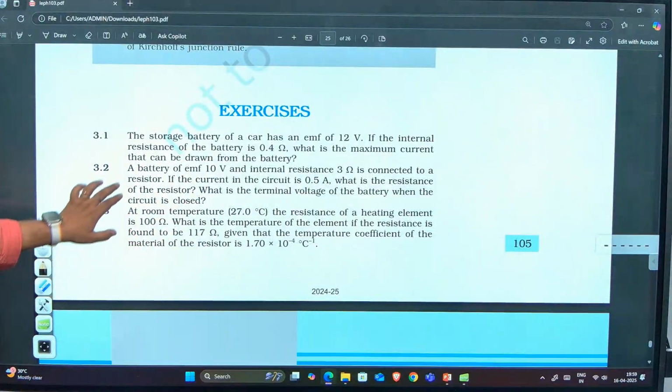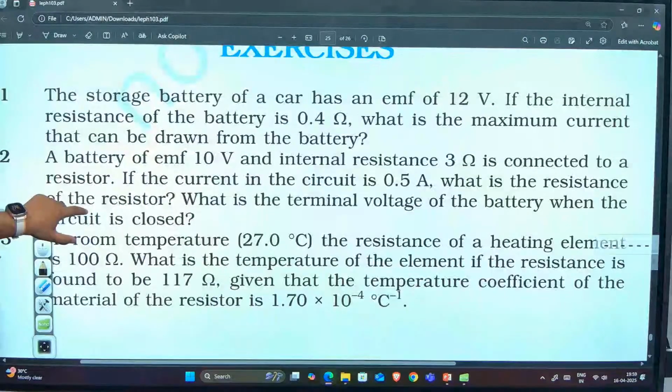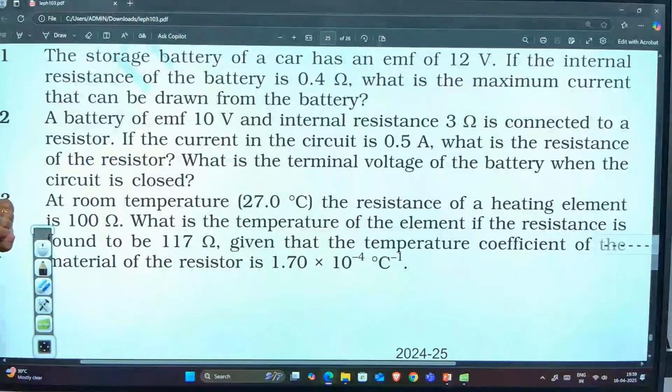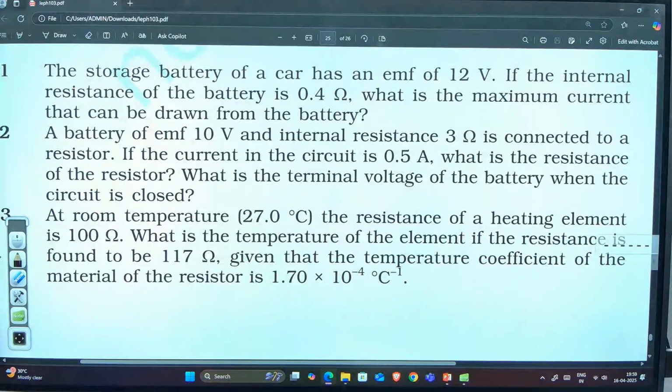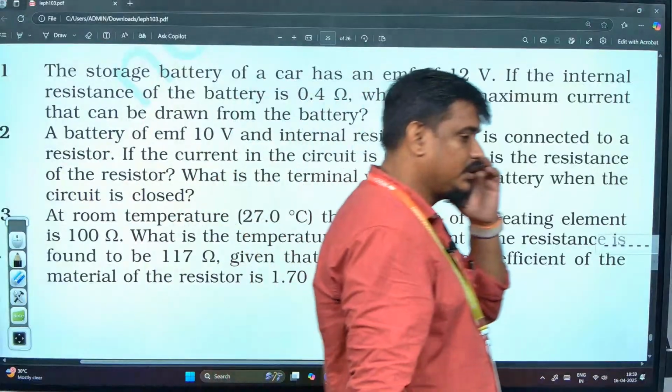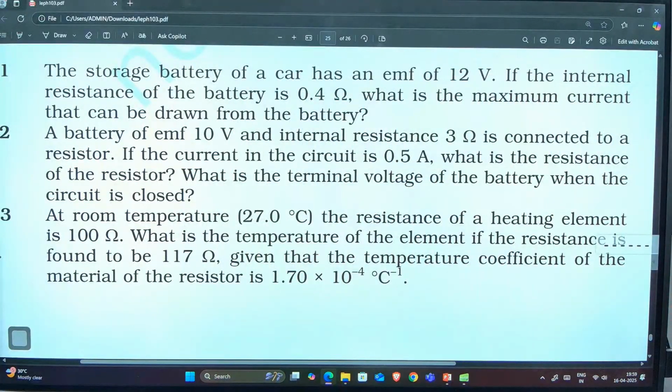Question number 1 and 2, 3.1, 3.2. If you have the book in your hand, you can directly use the book to solve. Otherwise, the board is in front of you. Can you try it? I will help you if you are not able to solve it, just based on whatever I have taught now.